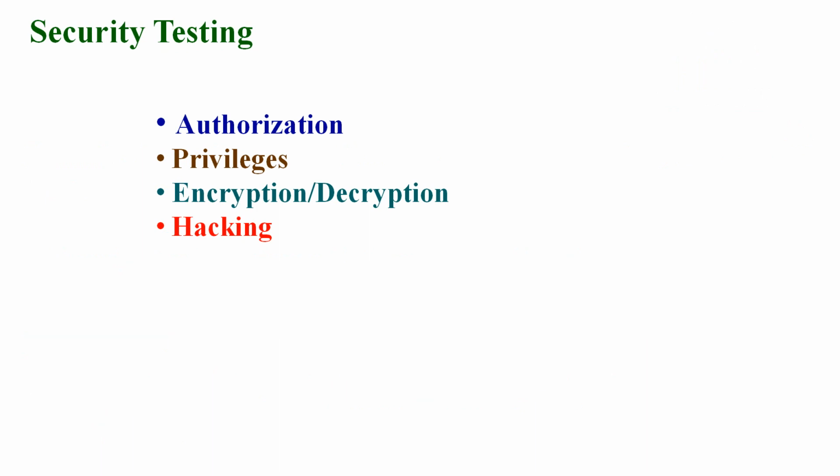That means the firewall should be designed properly, a built-in firewall should be there, antivirus software should be there, and all the security issues should be properly designed in order to prevent hacking. Right? All these four criteria you have to concentrate on during security testing.